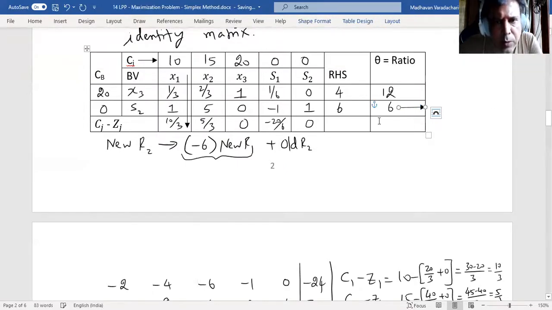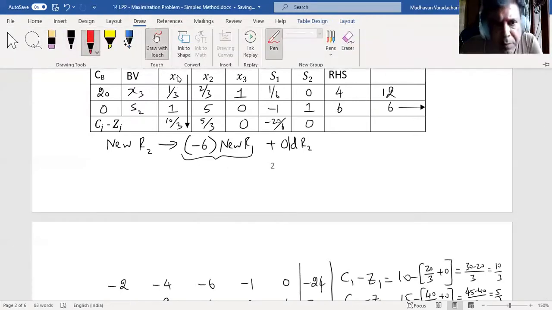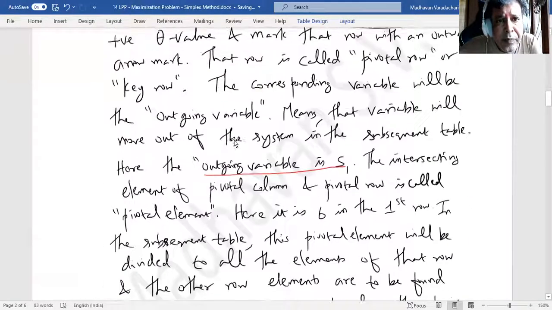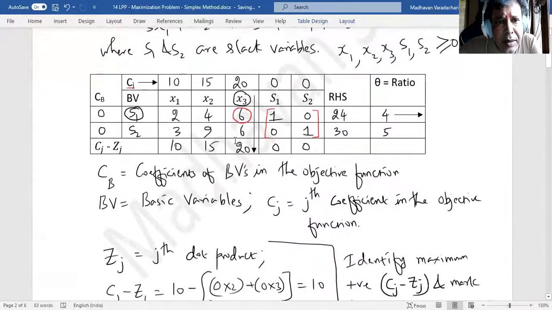Okay, so now the pivotal element is the intersecting element of pivotal row and pivotal column. Pivotal column is this, pivotal row is this, intersecting element is 1 only. Our interest is actually to make this element 1, like we earlier did the pivotal element. This 6, we made it 1 by dividing everything by 6.